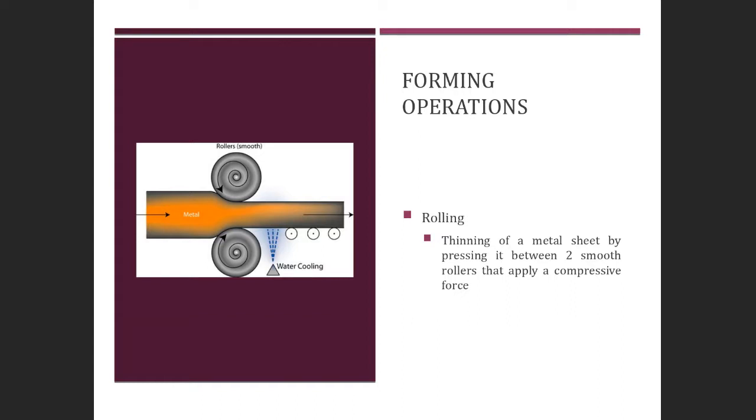If it's done hot, that's why you add the water cooling process. For better surface finishes, typically things are done cold. So you can do a couple hot passes, and then your final rolling process will be conducted cold. You're not completely deforming the microstructure, but you are making a better surface finish for dimensional purposes.